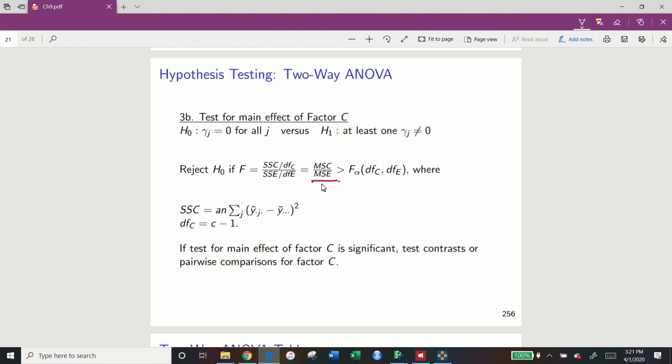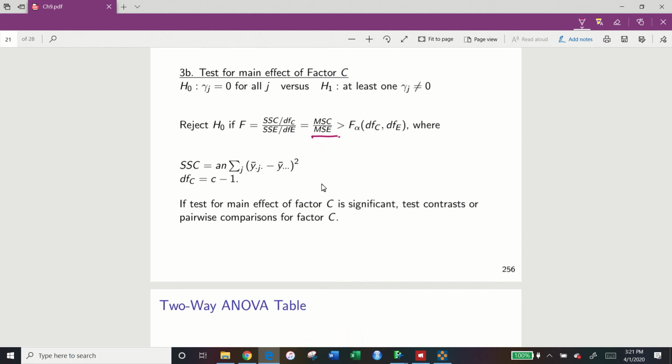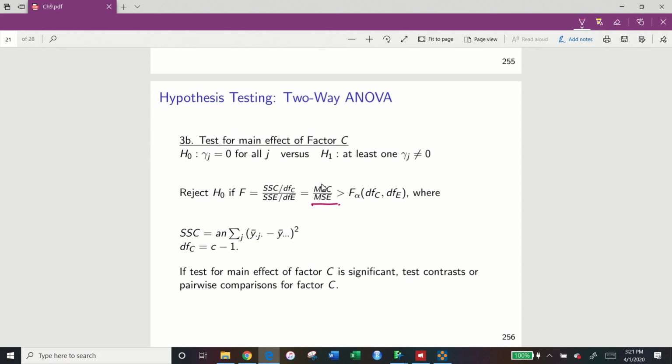If the test for main effects of factor C is significant, we'll then go ahead and test our contrast or pairwise comparisons for factor C.